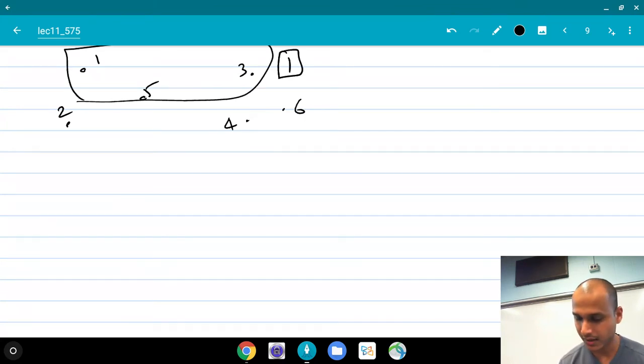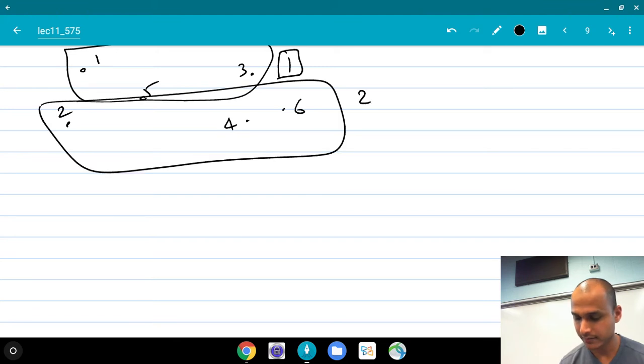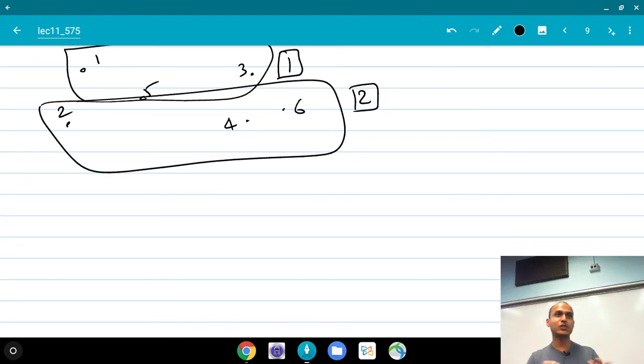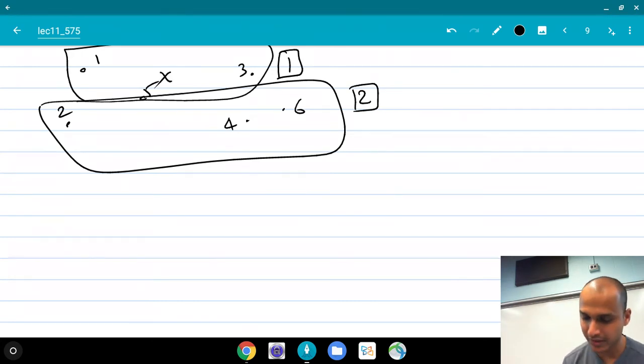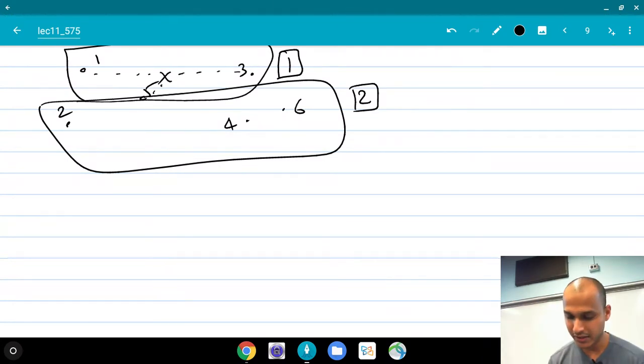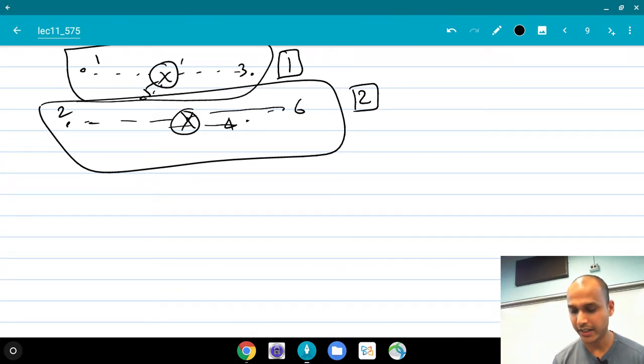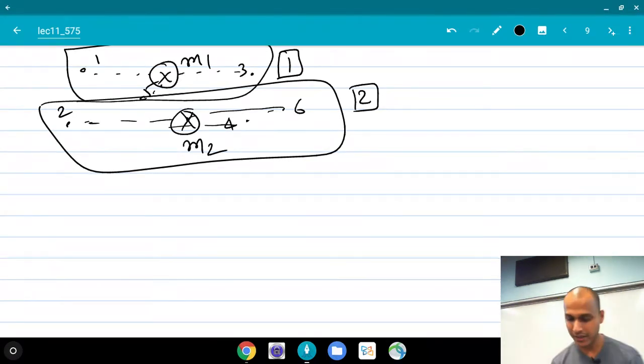So let's say this is one cluster, first cluster, and this is the second cluster. Just an example. This is my current thinking that these could be clusters. Then what I need to do is find a point which is in between them, like maybe the average of these 3 points, wherever they are, maybe over here. So these are now my M1 and M2, the two centers.